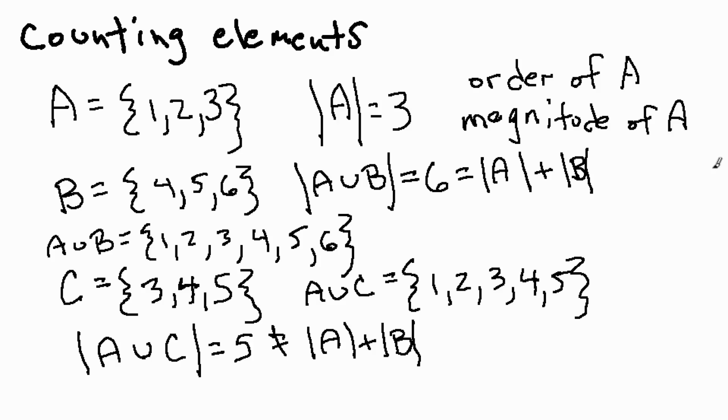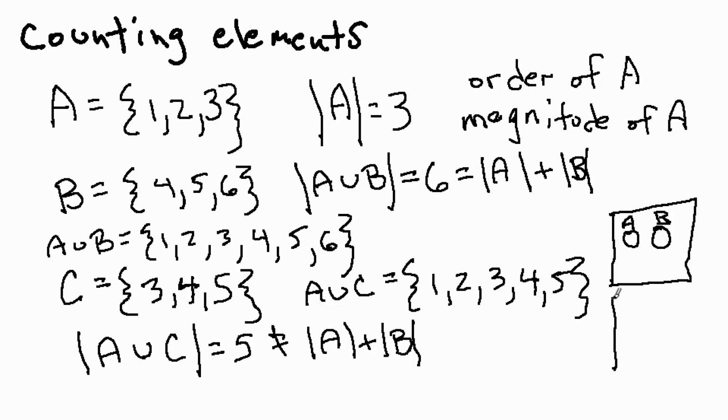And we can see this, again, if you considered just a Venn diagram. If they're disjoint sets, then we can see that the number of elements in the union would just be the sum of these two.